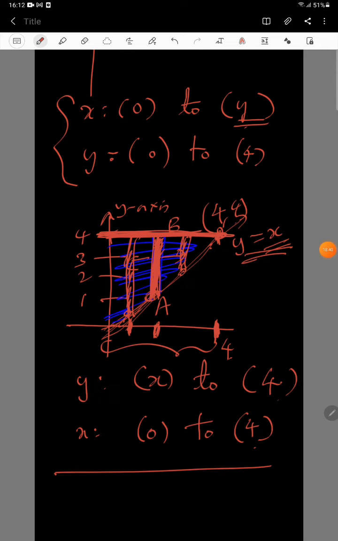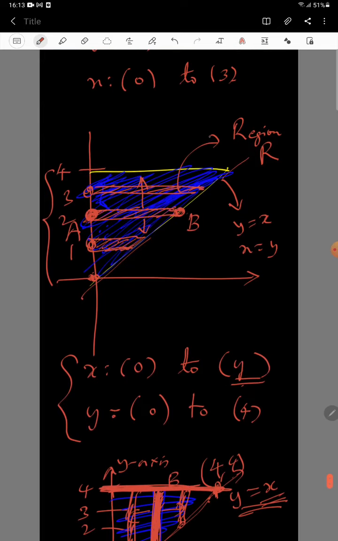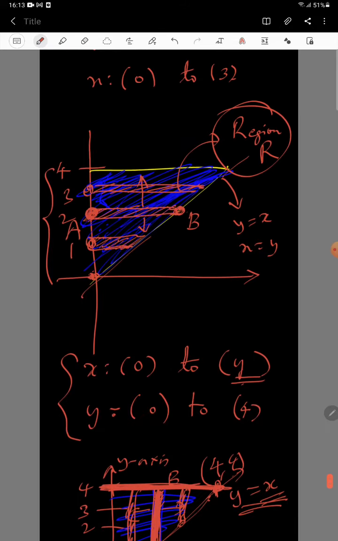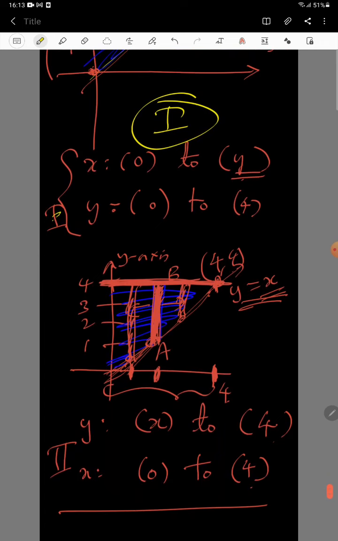I hope you have understood. So this is how we decide the limits of integration. If this region is given, we can write it as per this. This is one order of integration and this is another order of integration. Let me say with very much emphasis, this is one way and this is the second way.